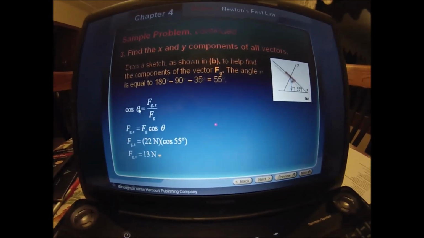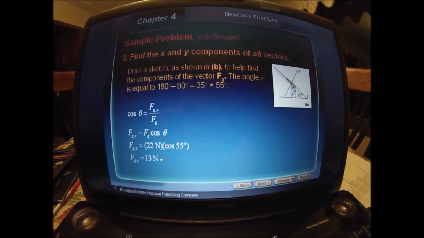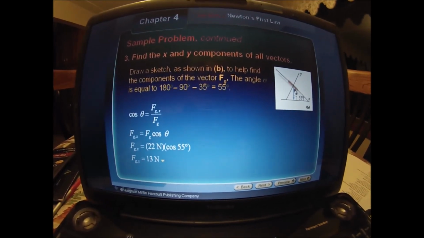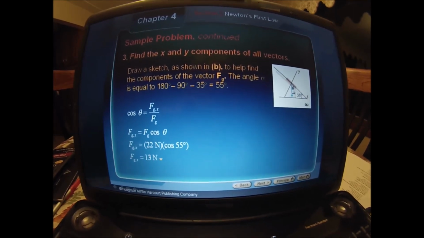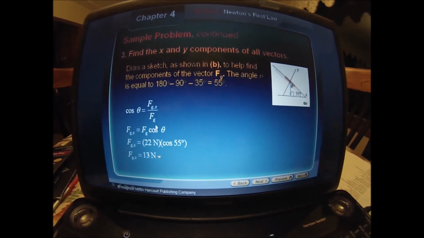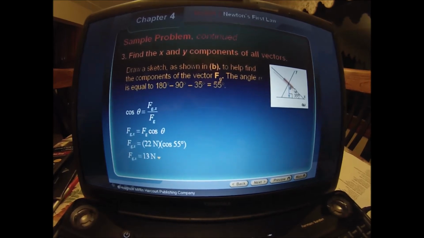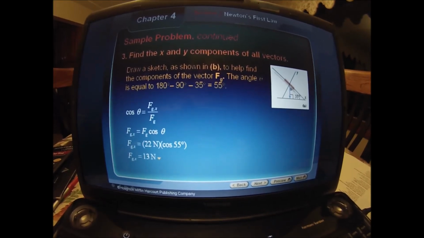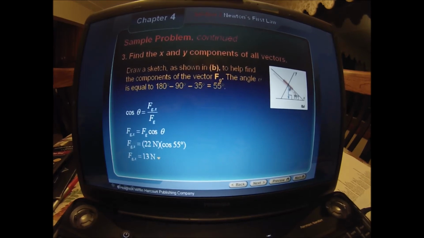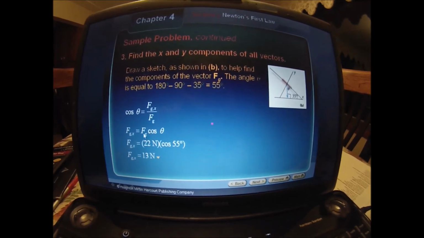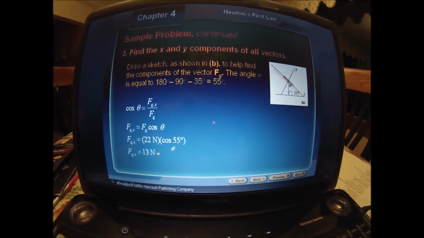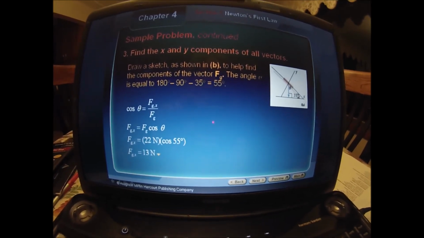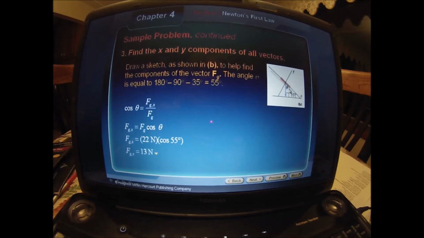Our cosine of theta is F of x over F of g. And if we solve for F g of x, because that's what we need, the force of gravity in our x direction, we have 22 newtons times the cosine of 55. That gives us 13 newtons going in our x direction.